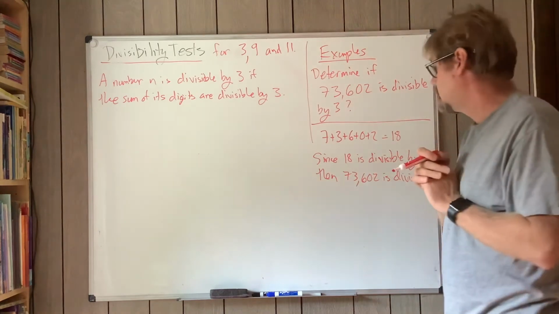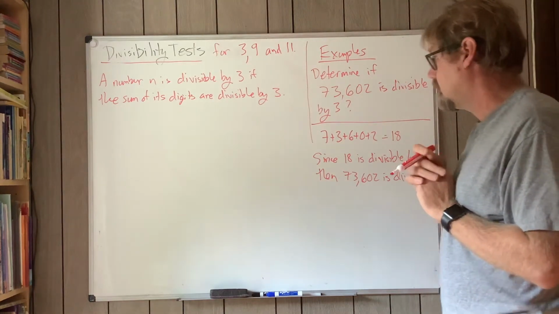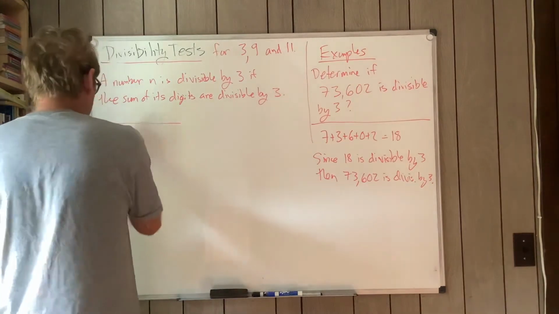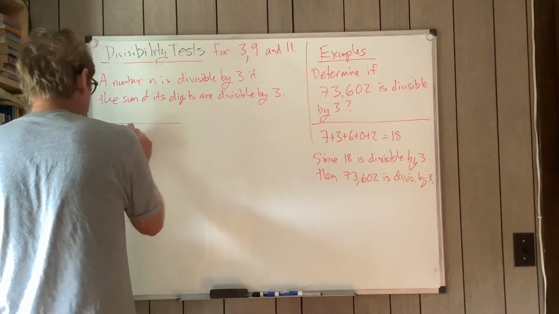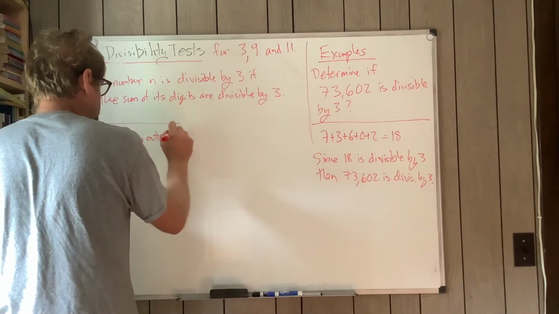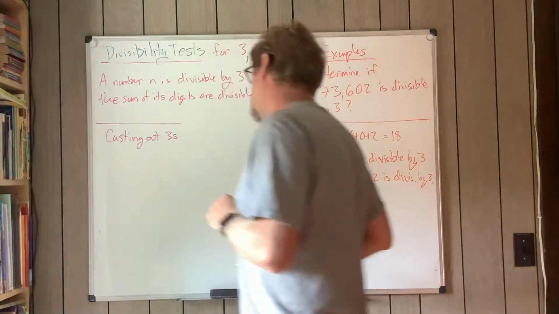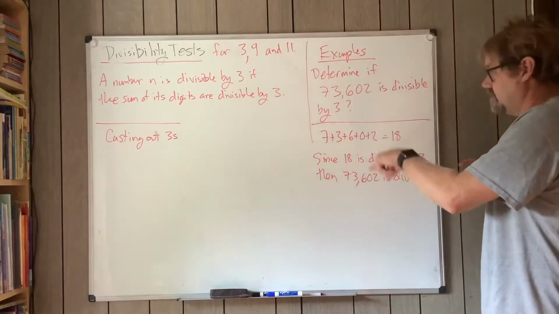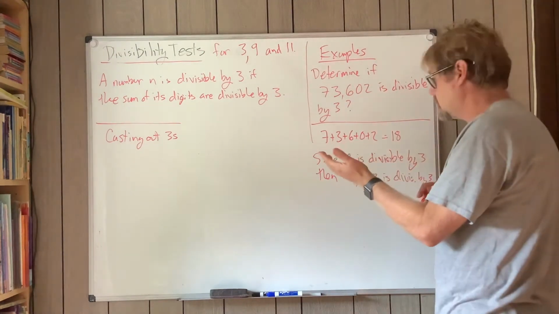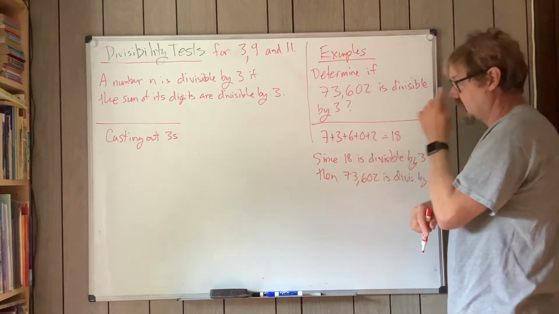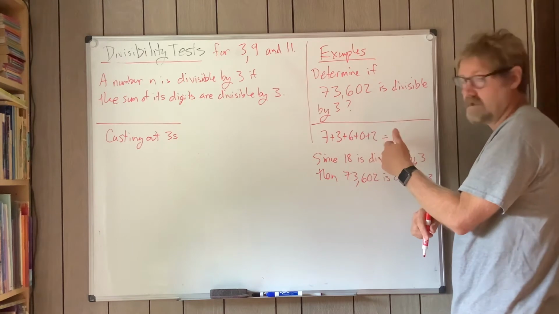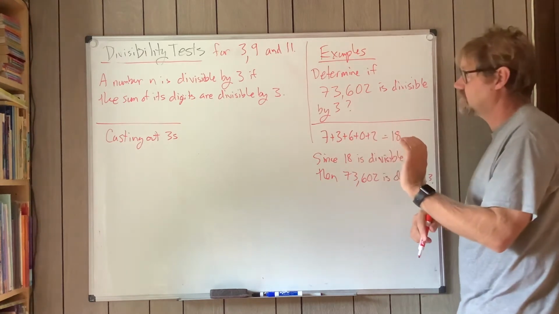All right. Let me also show another thing, and then I'm going to do the next example. What we also say is casting out 3s. Because, and this is basically divisibility lemma stuff, I can look at pieces that are multiples of 3 in here, and I can just chuck those out.